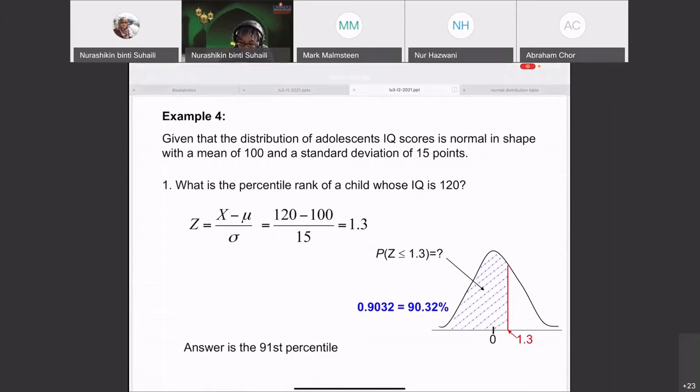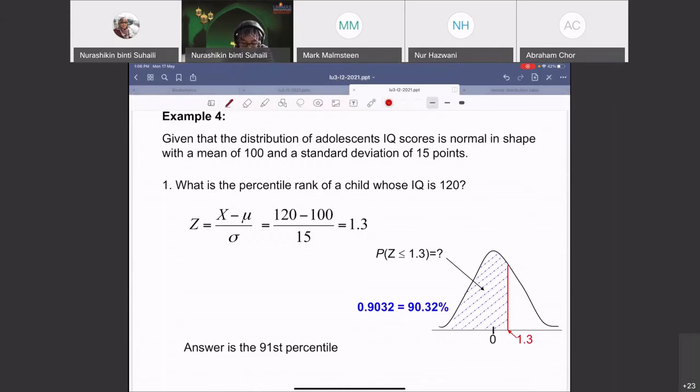The first thing that you have to do is convert it into Z value first. So you have to use this formula. 120 is the x, mu is 100, standard deviation 15. You substitute into the formula, you get the z 1.3.